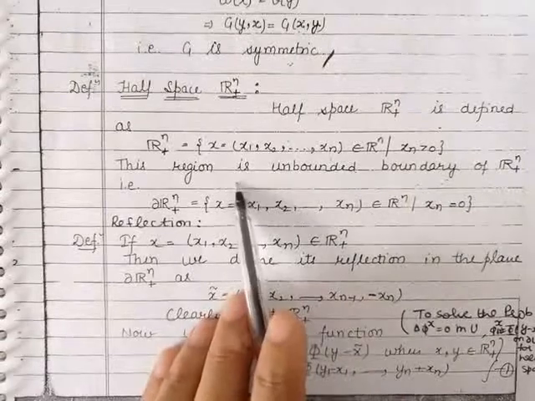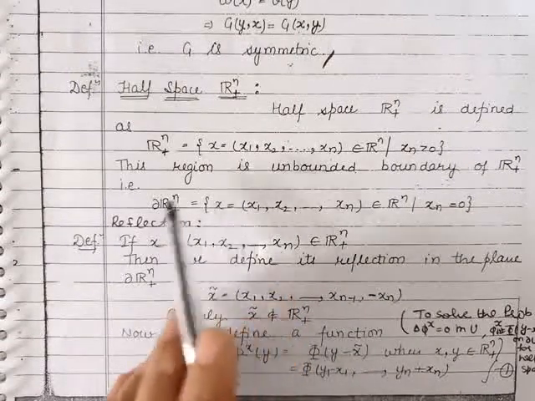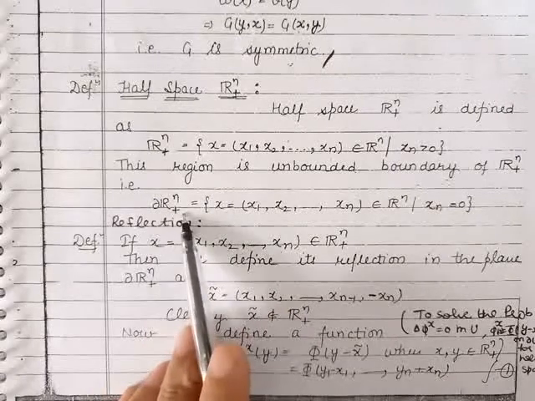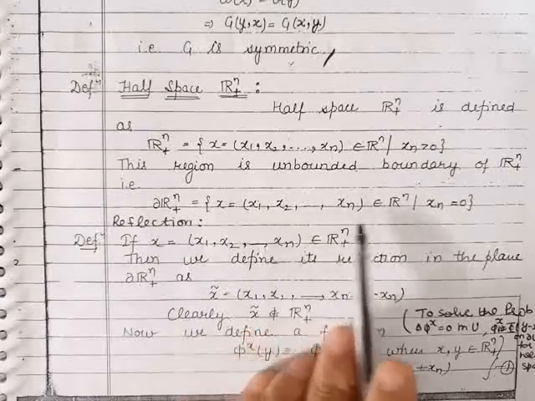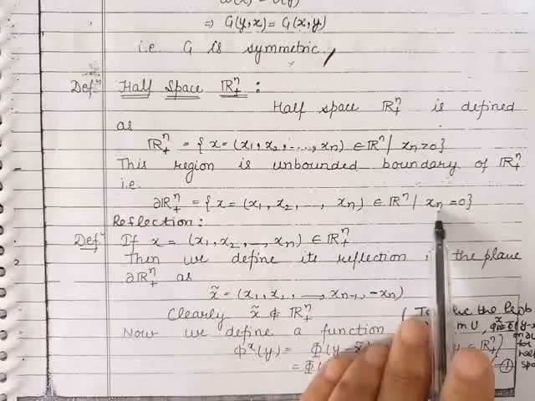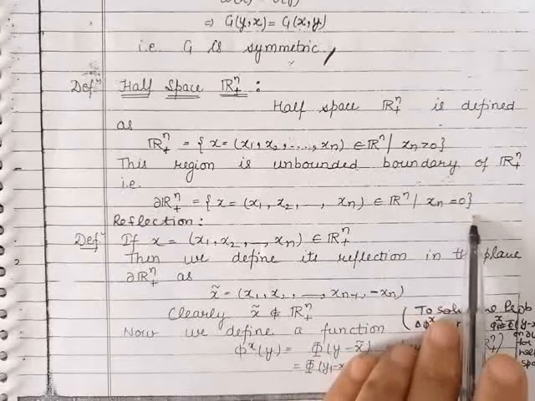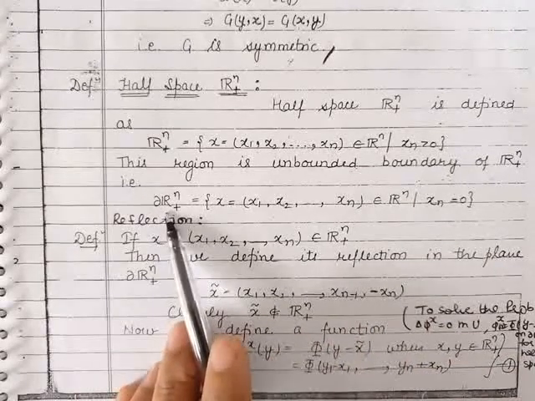This is called open upper half space, and the boundary of this half space is the set of all those points belonging to Euclidean space R^n whose nth coordinate is 0. So this is the boundary of this half space.